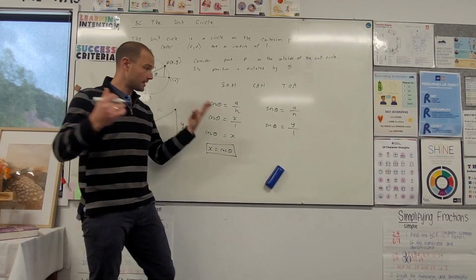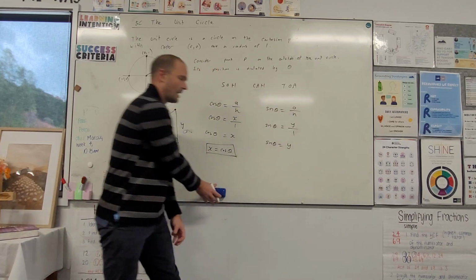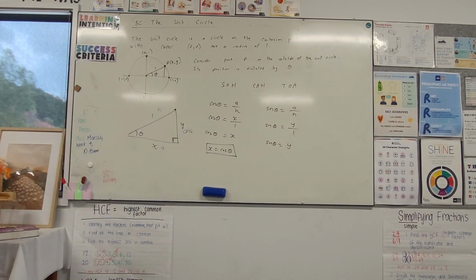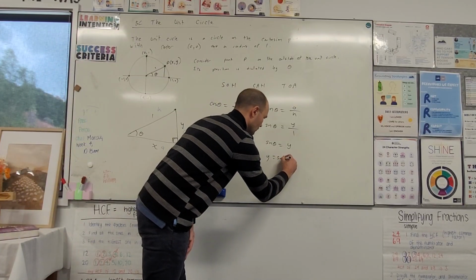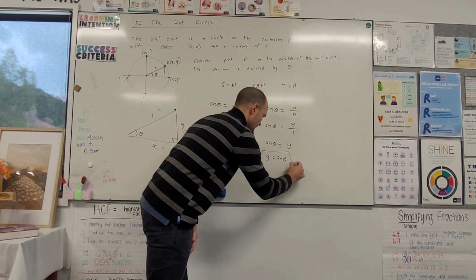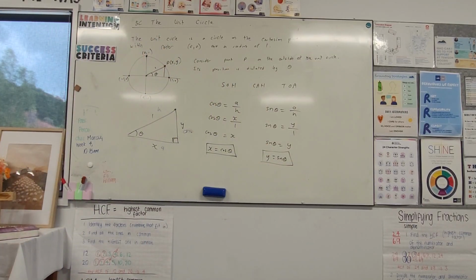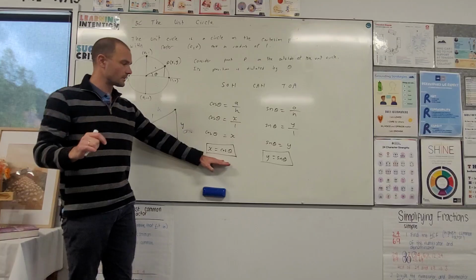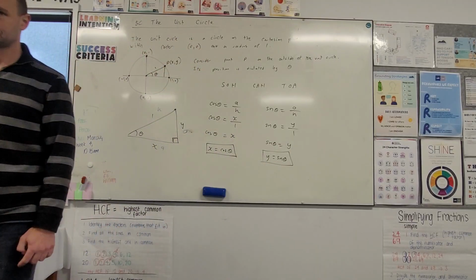We'll simplify this, and we'll have sine theta is equal to y. And again, we've discovered the y coordinate for any point on the outside of the unit circle is equal to sine of theta. Okay, really good. So these are the 2 definitions we're going to take away: x equals cos theta, y equals sine theta.